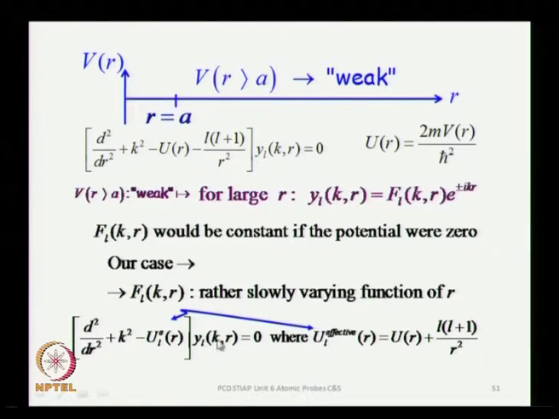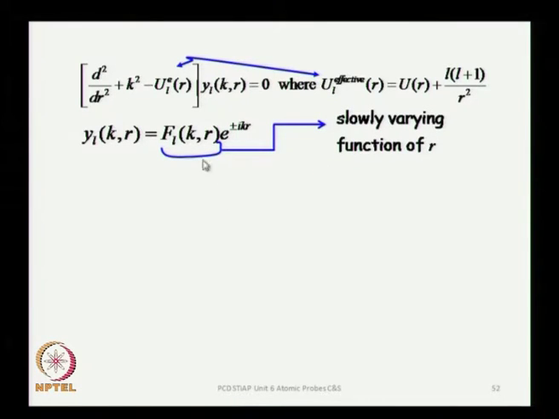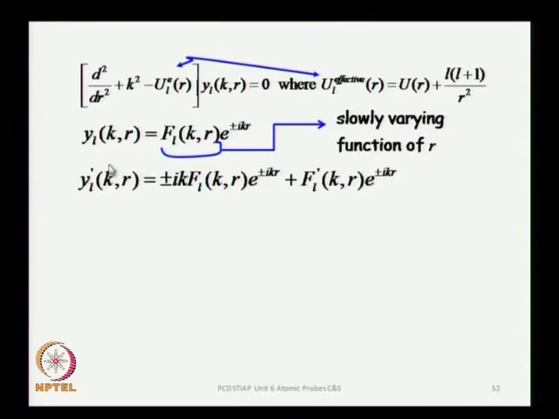What we do know is that y can be written as a product of these two functions, and you can take the derivative of y as a product of these two functions of r. So f is a weakly or slowly varying function of r.